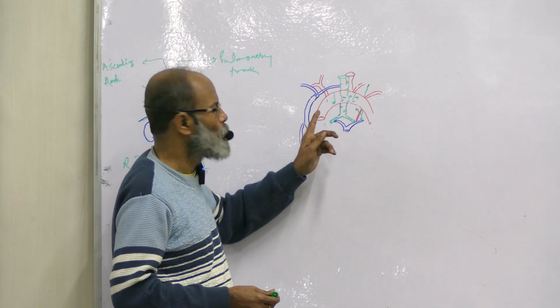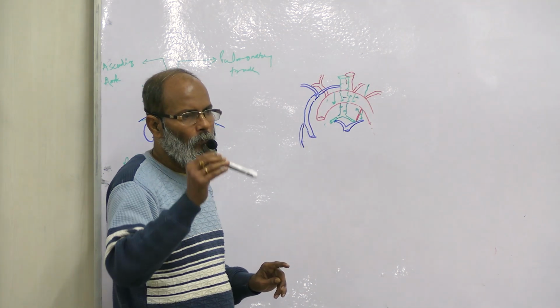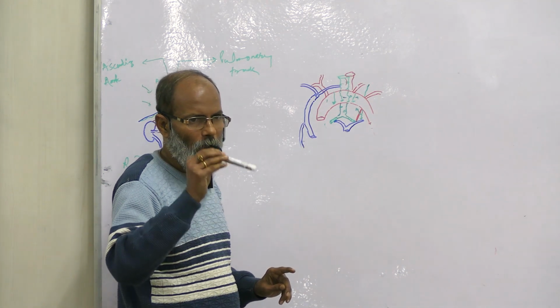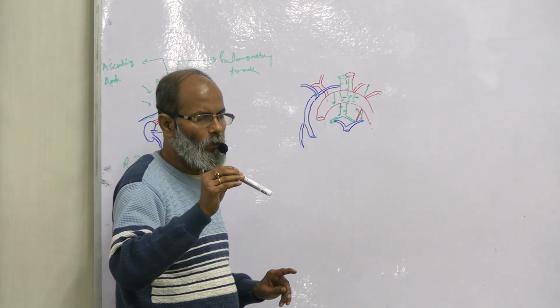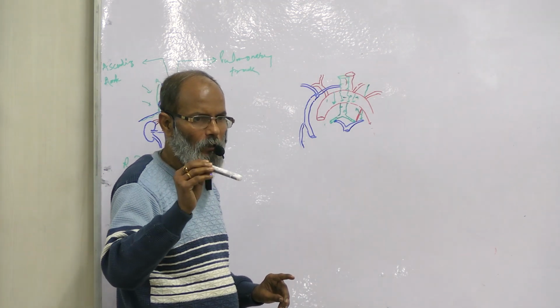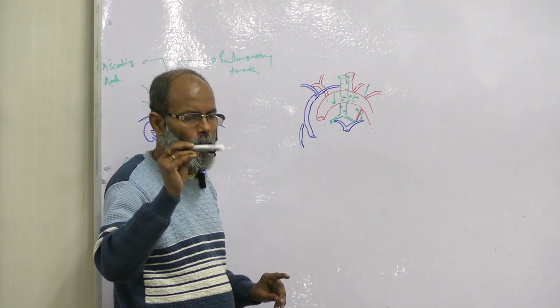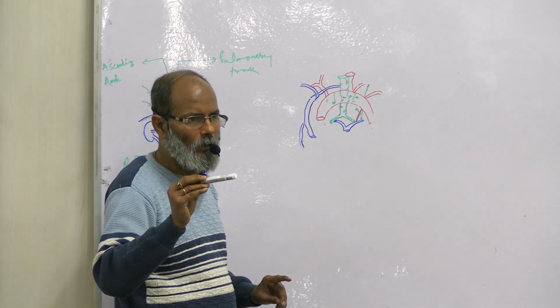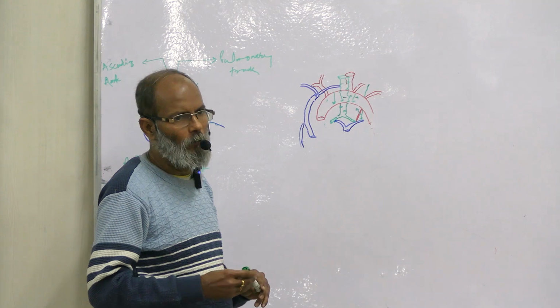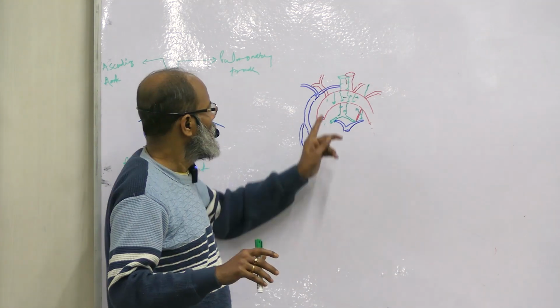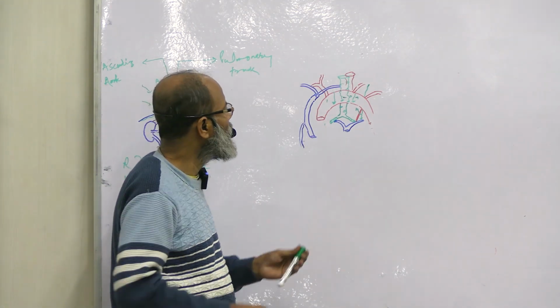Alright. So it is the left phrenic, superior cervical cardiac branch of the vagus, inferior cervical cardiac branch of the left sympathetic, then the left vagus. These 4 structures. In front of which there is superior intercostal vein.